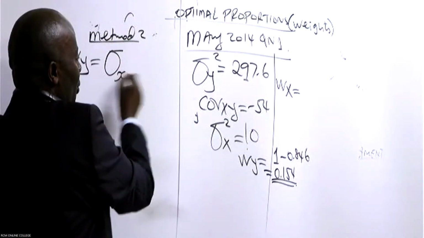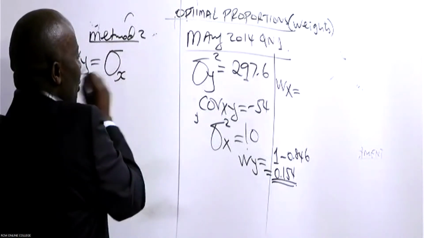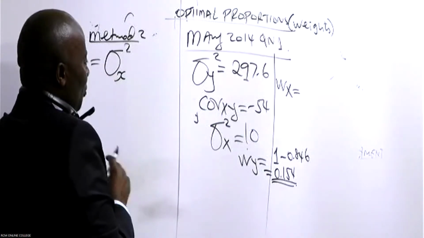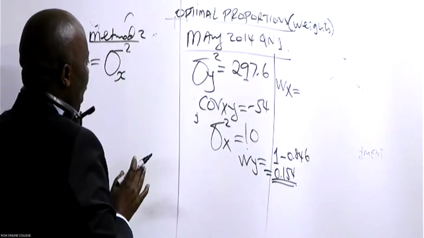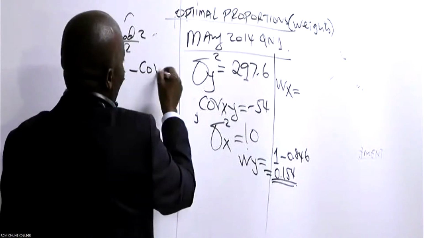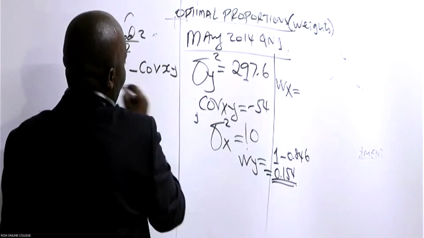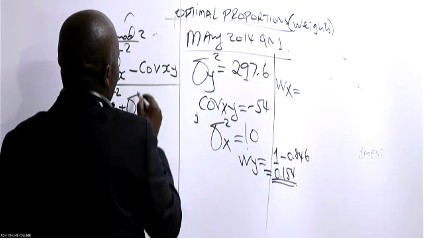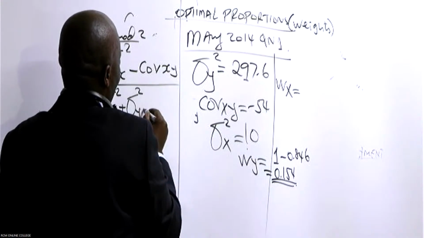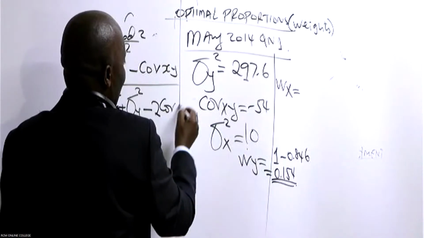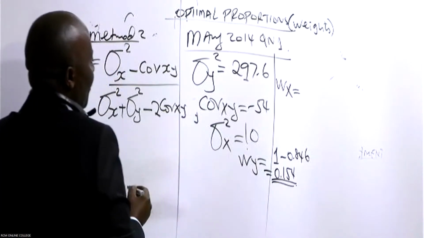But now this, you know, the interchange. Now this time around, we shall talk of variance of what here? X. The moment you appreciate that, if it's y you want, you start with the opposite variance, and then you say minus covariance xy, all over variance of x plus variance of y minus, because there are 2 of them, minus 2 covariance xy.